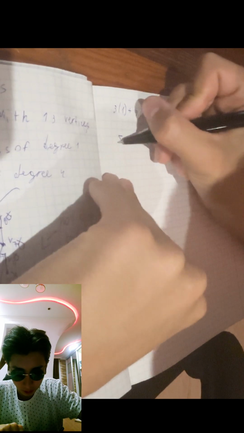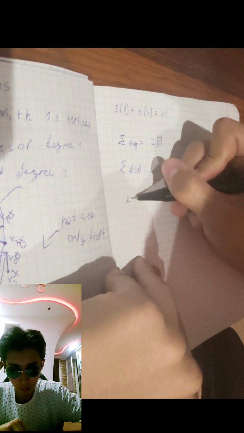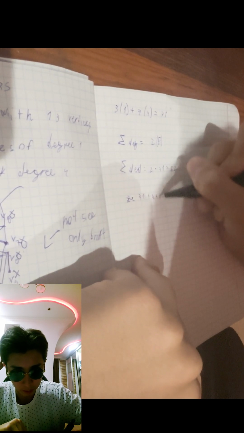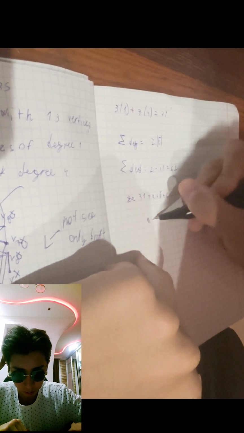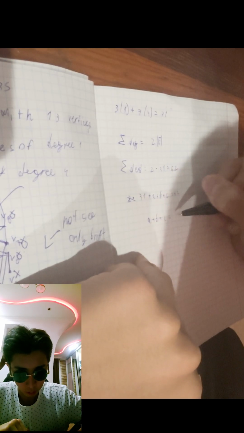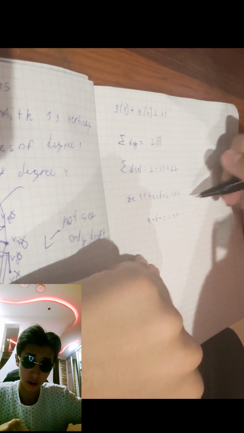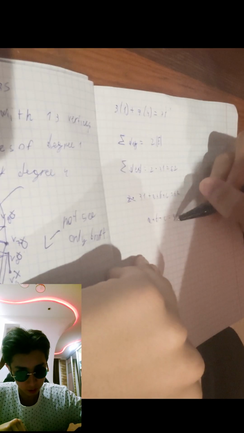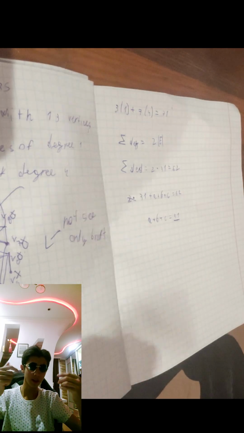So 2 multiplied by 31 is 62, and A plus B plus C is equal to 31. Can we explain that? Yes, we can.